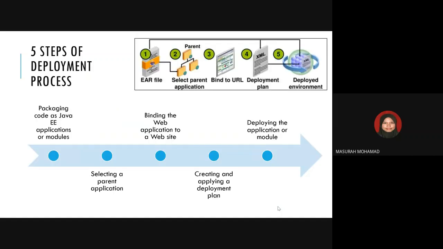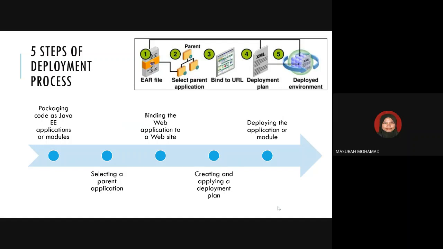So there are 5 steps of the deployment process. The first one is you need to make a packaging process: package code as a Java EE application or modules. You need to package all the modules and components into one package, and then select a parent application. Number three, binding the web application to a website.